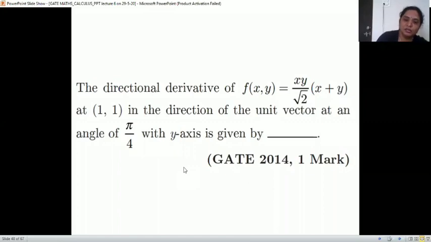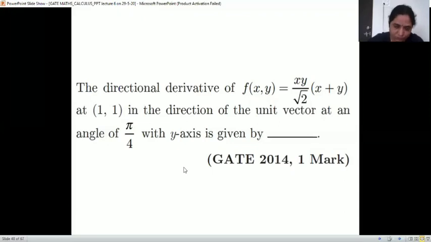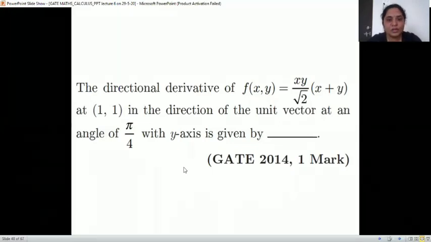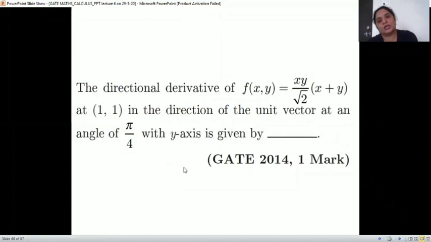Anyone, can you tell me what is that vector which makes angle pi by 4 with y-axis? What is that unit vector? Anyone? Xi plus zj or zk.